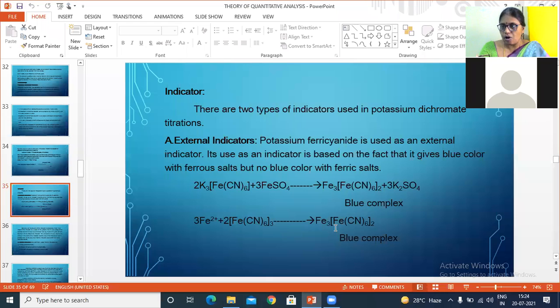If it is a ferric salt, we won't get any blue color. Here it is ferrous sulfate, FeSO4, so we can expect a blue complex or blue colored solution. Same thing, Fe2+ in the ionic form is the ferrous salt. Ferric is Fe3+. If it is Fe3+ in dichrometric titrations, we won't get any blue color solution, or the blue complex won't be formed with potassium ferricyanide.